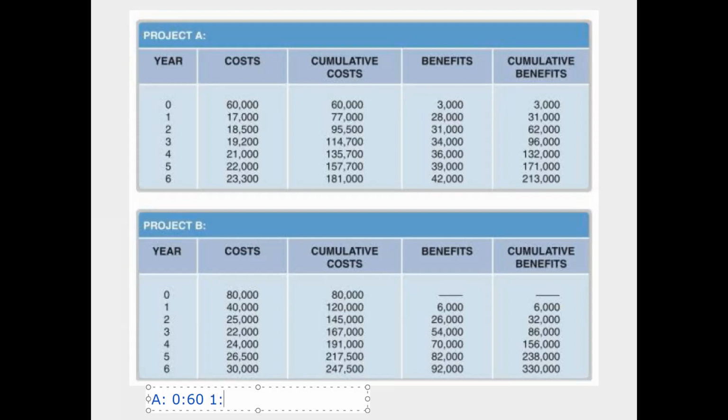Then year one you have 17,000, year two you have 18.5, year three you have 19.2, year four we have 25, year five we have 22, then year six we have 23.3. So these are the costs.